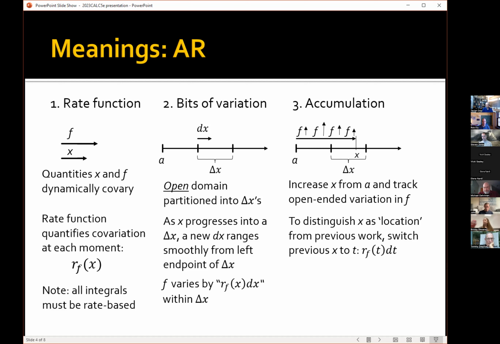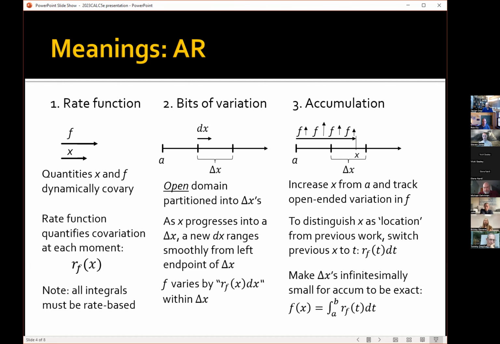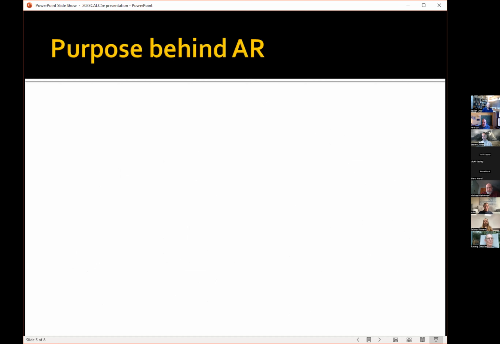So r(x) dx becomes r(t) dt. And then you also need to make the delta x's infinitesimally small for the accumulation function to be exact. So delta x is infinitesimally small, as well as the infinitesimal dx ranging inside that delta x, to then construct an integral.